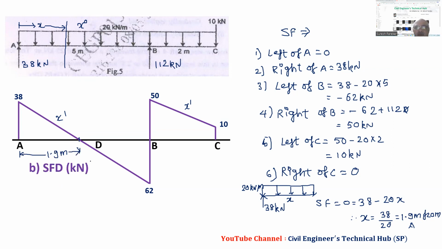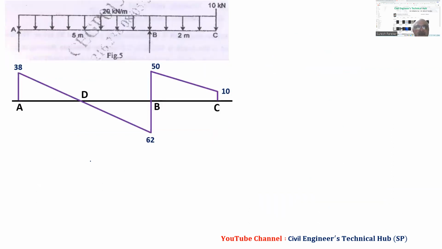Now we will switch over to the bending moment. So we have this as SFD in kilonewton, and we have AD as 1.9 meters. This reaction we have 38 kilonewtons, and this is 112 kilonewtons. Now we will switch over to bending moment.